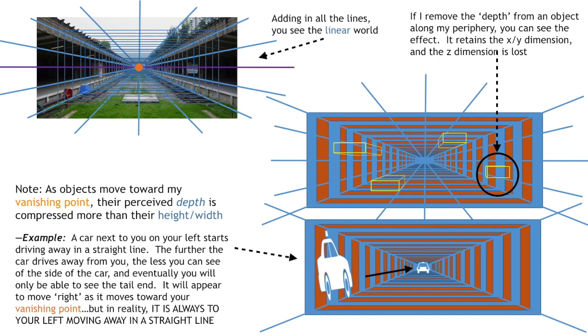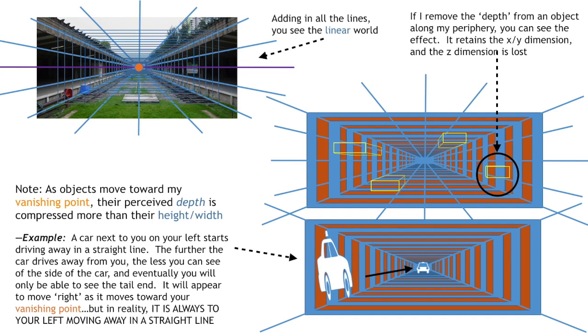So note, as objects move toward my vanishing point, their perceived depth is compressed more than their height or width. If something starts out to your left, like a car, it's going to have a certain amount of depth. But as that car gets further and further away, the amount of depth that you see on that car gets less and less, where essentially at some point you are only going to be seeing the back of the car.